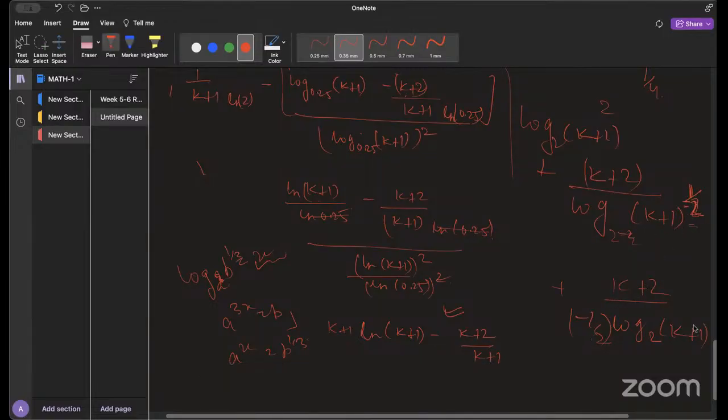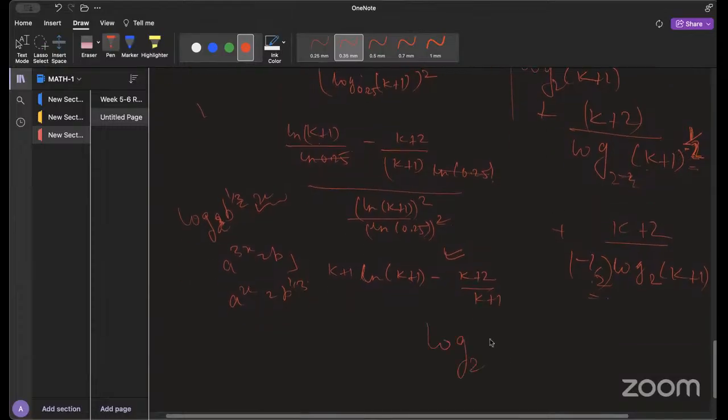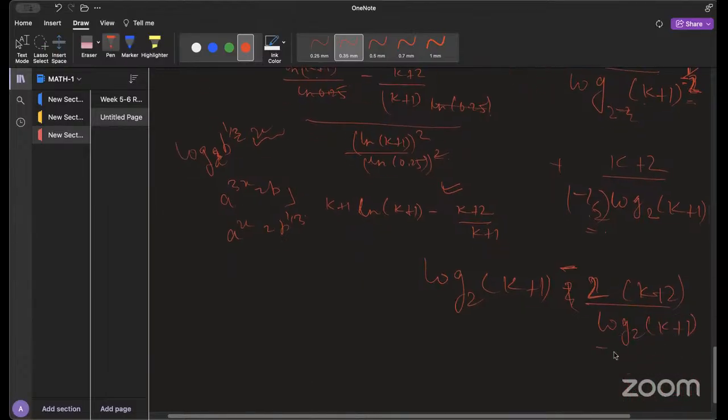Base 2, k plus 1. I don't think anything has changed because you've just changed the base. So this one is an increasing function now, and this is an increasing function.